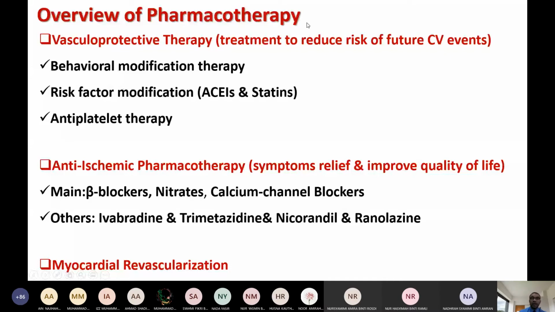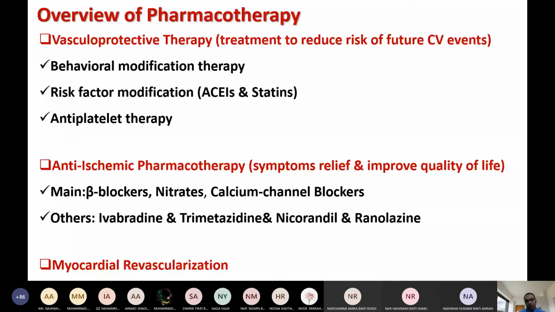What about the other group of pharmacotherapy that can be given? The one we call anti-anginal or anti-ischemic pharmacotherapy. As I mentioned, it is most of the time for symptomatic treatment, for relieving the symptoms, so the patient's quality of life can be improved and the patient can live with the condition without major limitation or restriction to daily activity.